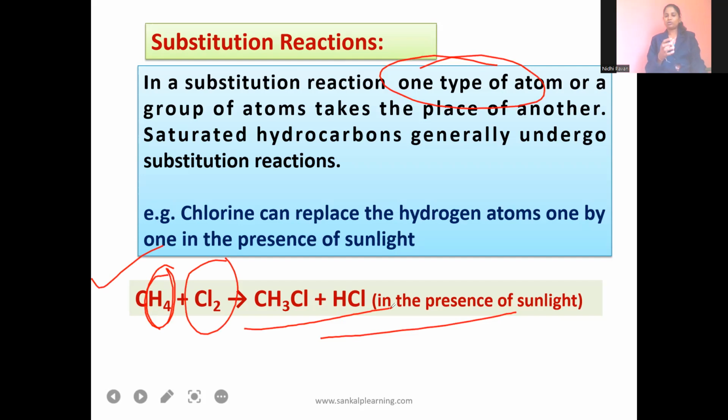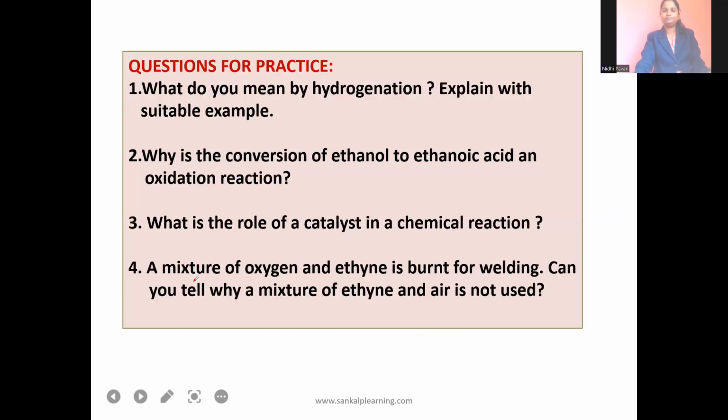Usually not only one hydrogen atom, almost all the hydrogen atoms will be replaced by chlorine in the presence of sunlight. So here the place of hydrogen is taken by chlorine. Such reactions are called substitution reactions.